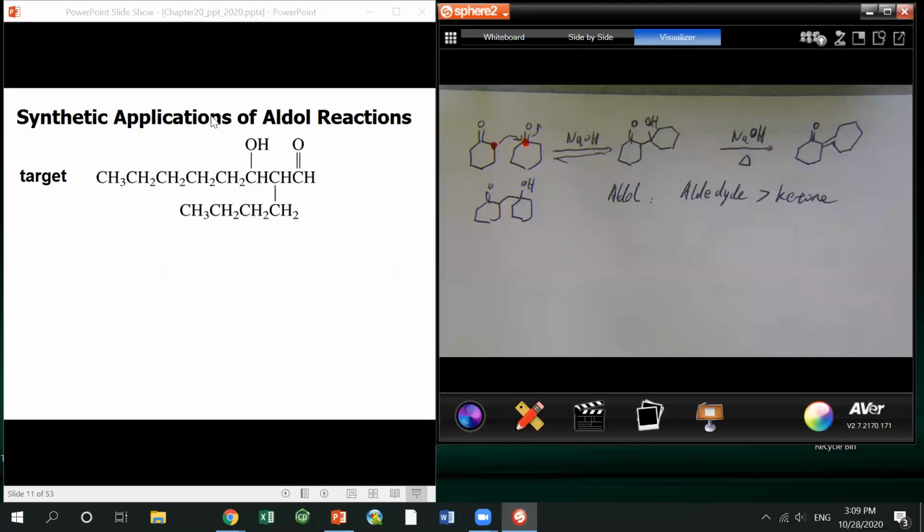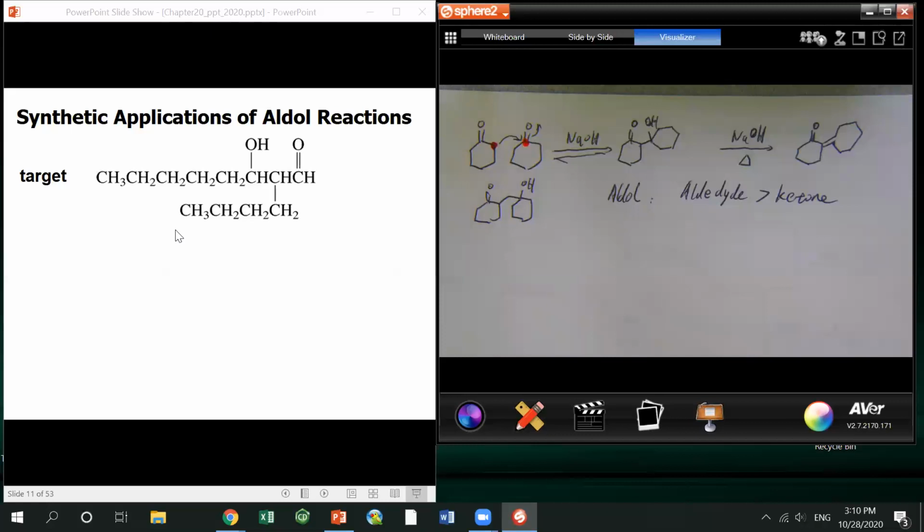And to do the retrosynthesis, if I give you one starting material, the Aldol reaction is only for ketones and aldehydes, no other molecules. Other molecules will have other reactions, which we'll talk about later. Aldehyde, ketone.